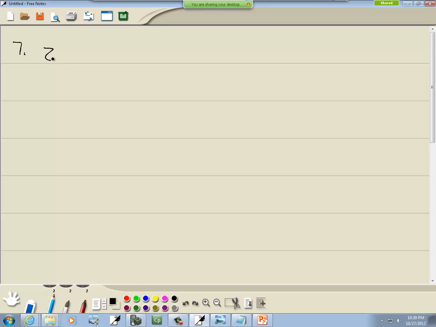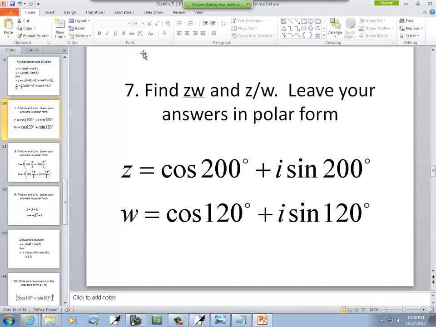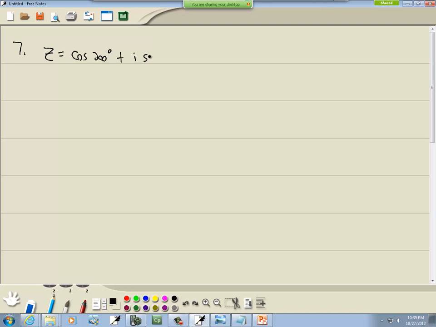We've got Z equals cosine 200 degrees plus i sine of 200 degrees. Now notice there's no r here, but if I were to put an r there, you always have the 1 if there is no other one. So it really is there, it's just implied.